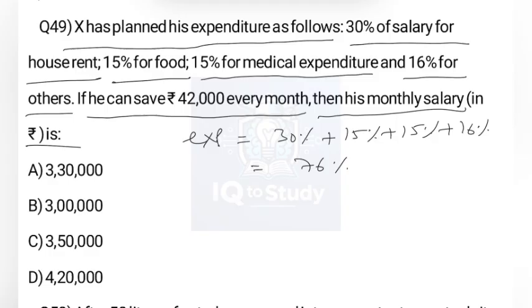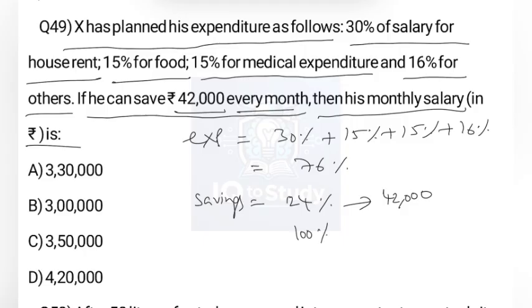Then savings is 24%. According to the question, he saves 42,000 every month. So 24% is equal to 42,000. Then we have to find his monthly salary.